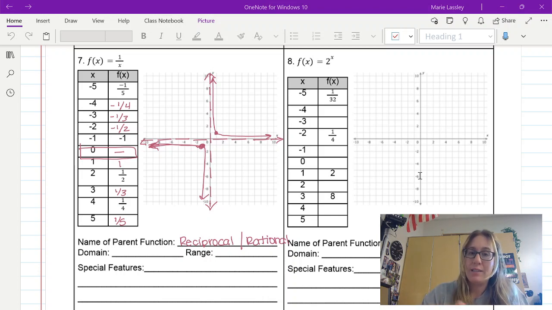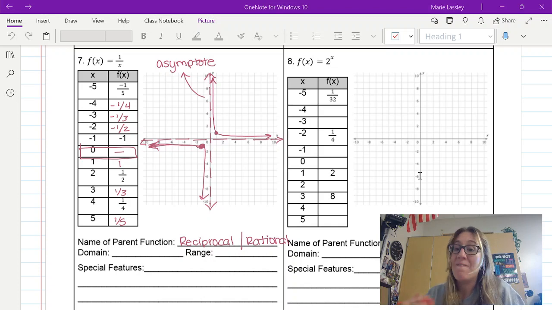These lines that look like invisible barriers, they have a name. These are called asymptotes. A-S-Y-M-P-T-O-T-E, an asymptote. They are essentially invisible barriers that your function will approach but never touch.